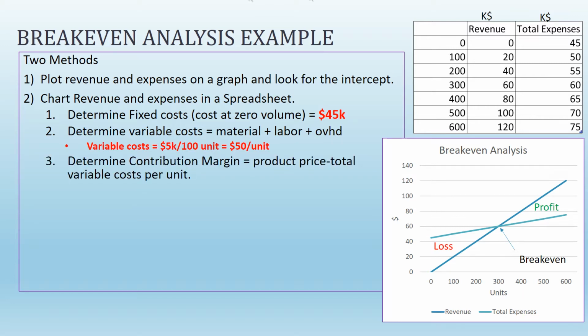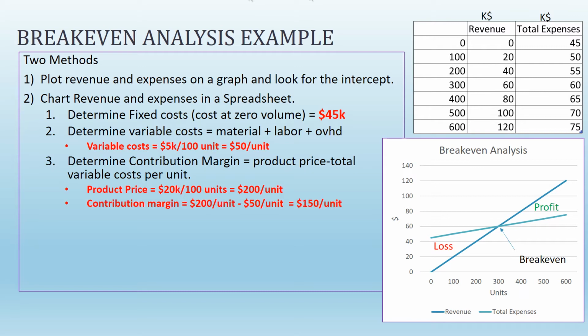Step 3 is to determine the contribution margin, which is equal to the product price per unit minus the total variable cost per unit. The product price from our chart is $20,000 per 100 units. That equates to $200 per unit. Therefore, the contribution margin is equal to $200 per unit minus $50 per unit, which is equal to $150 per unit.